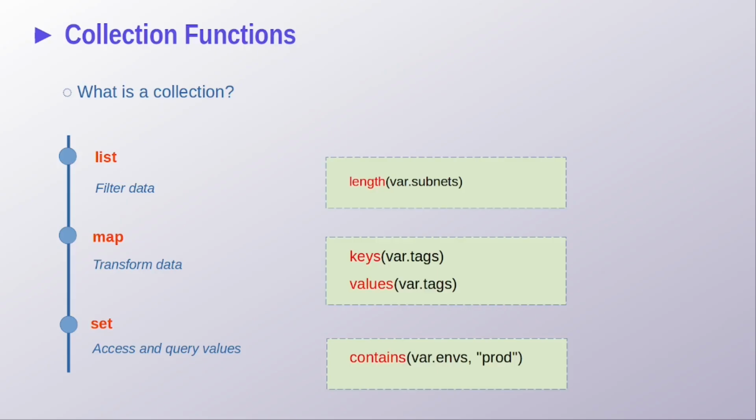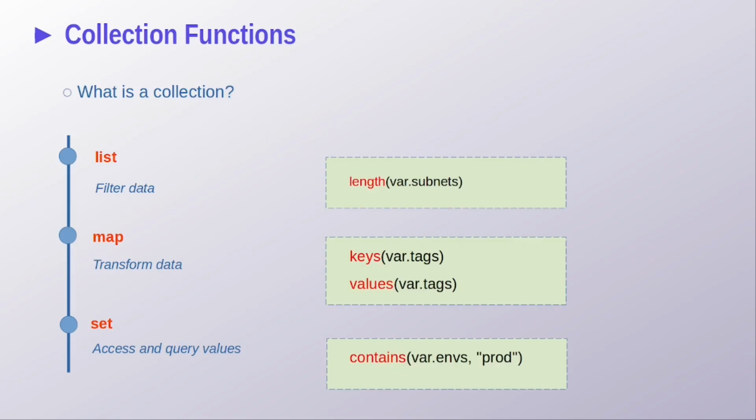Collection functions. What is a collection? A collection is multiple values together. Terraform has three main types: list, map, set. Collection functions help you inspect data, count items, and check conditions. Example 1, length. If you have 3 subnets, Terraform knows the number before creating anything, often used with count and scaling logic.